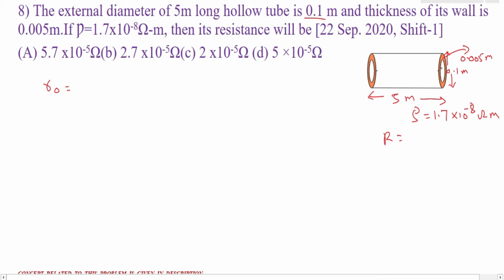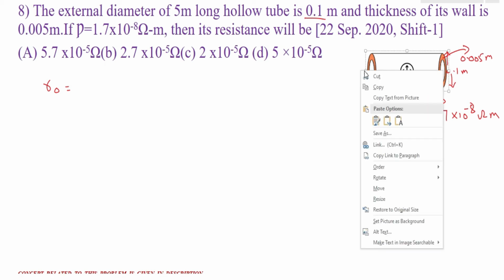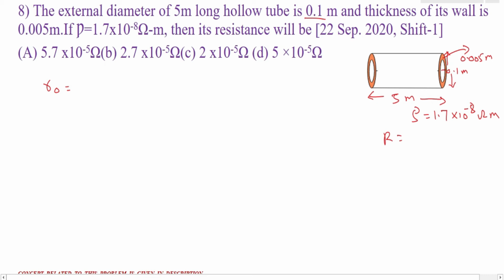Now the radius of this outer ring, if I take this as center, is R outer, which is the diameter of the outer ring by 2, that is 0.1 meter by 2, that is 0.05 meter. He also gave the thickness of this colored part as 0.005 meters.